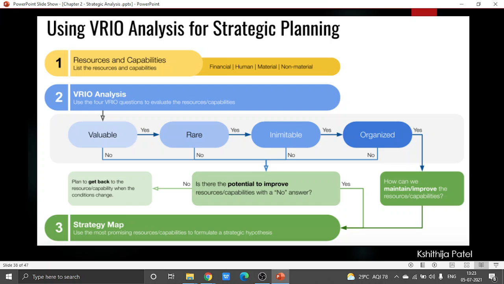Now, what is this VRIO analysis? And how does it have a connection to strategic planning?